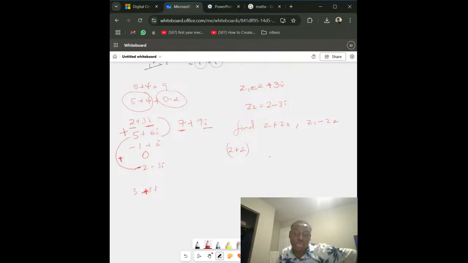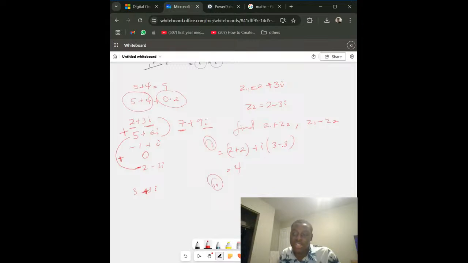You could use brackets if that helps you see it better. And then the imaginary parts together, you could just use the i here, then open the bracket and figure out what's there. That would be 3 minus 3. 2 plus 2 would be 4. 3 minus 3 is 0 times i, still 0. So Z1 plus Z2 would be 4.